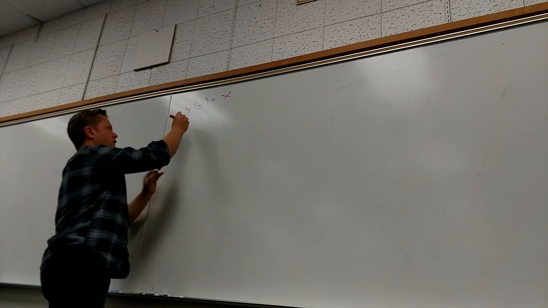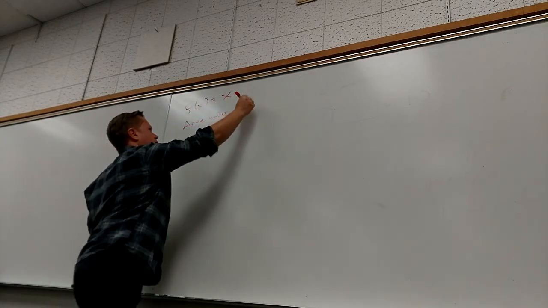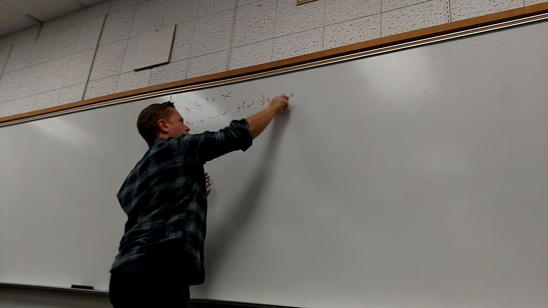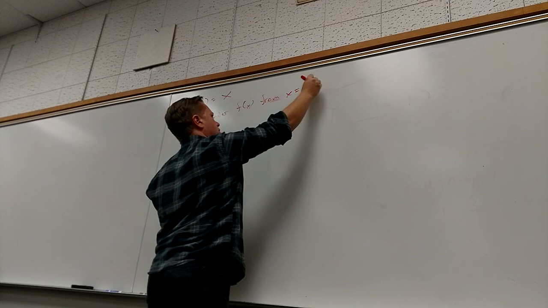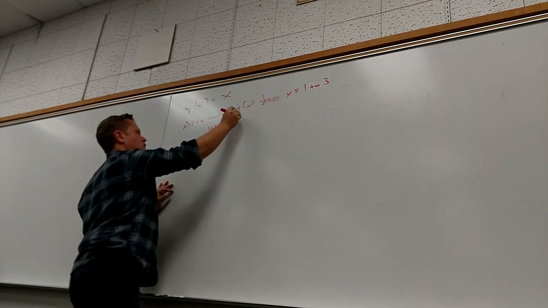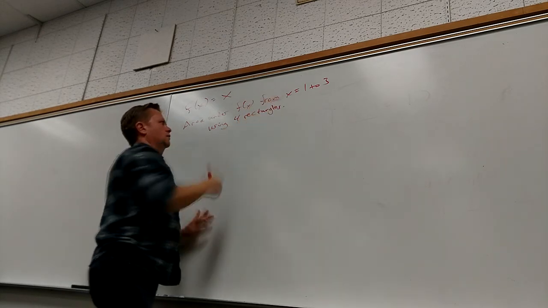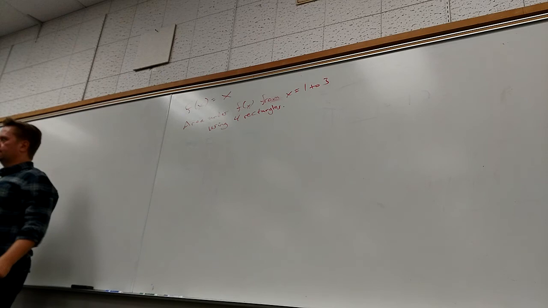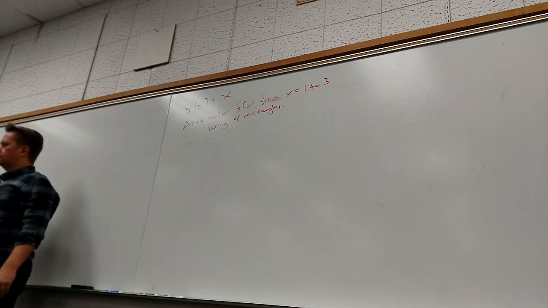I want to find the area under f of x from x equals 1 to 3 using 4 rectangles. If you missed last class, it's a really good one to watch the video.